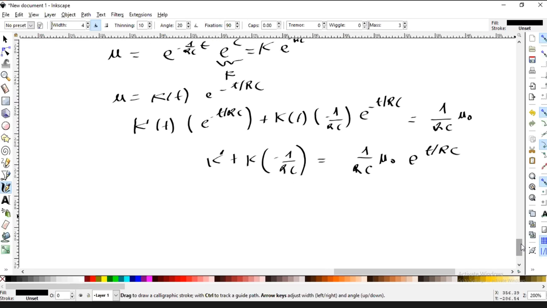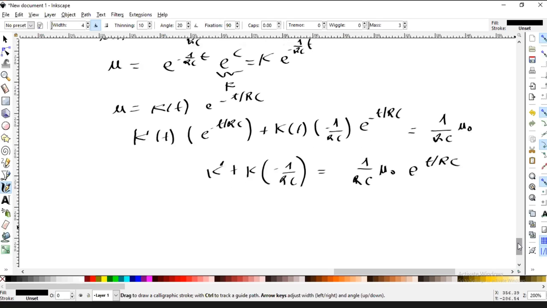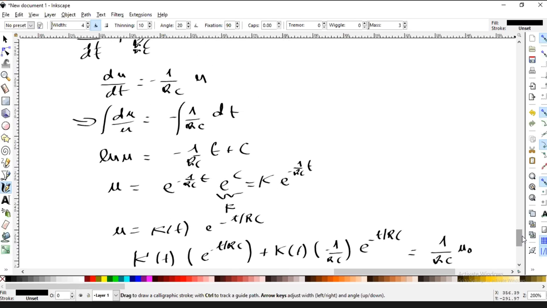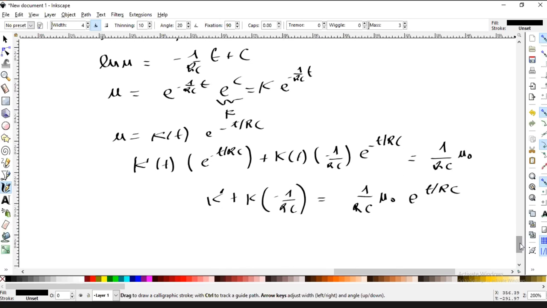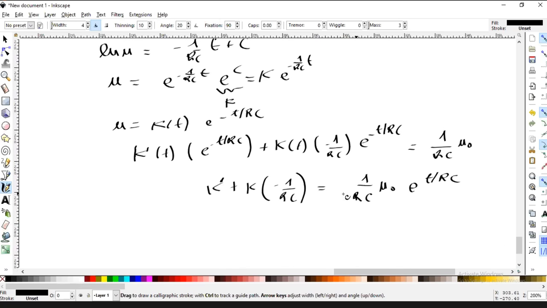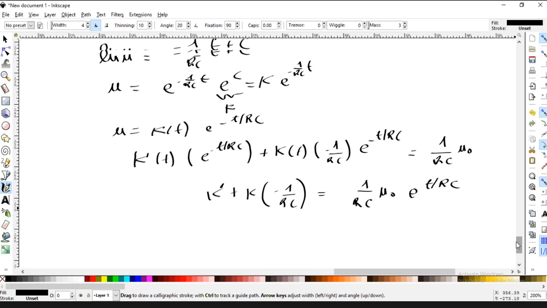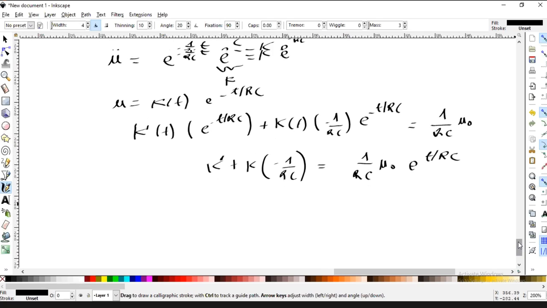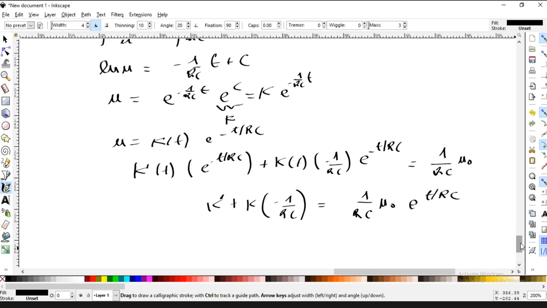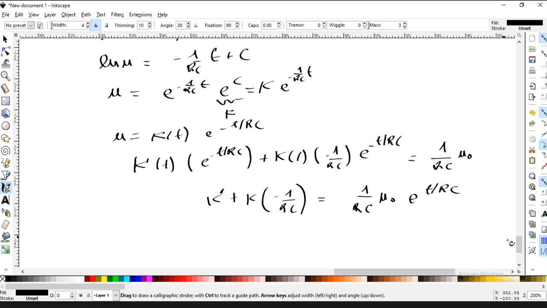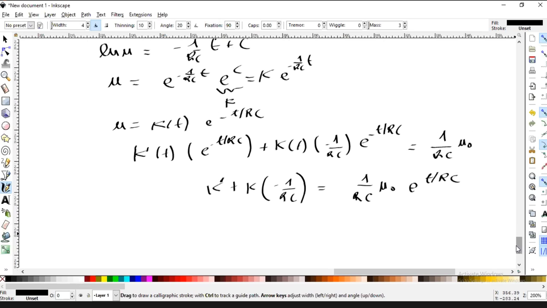Yeah, so here it's a little bit more complicated, but to solve this, you will get the same differential equation. You will get that k prime is a constant plus, okay, you will get that k is the exponential of t over RC plus some constant. But it's a little bit more complicated here to do that.